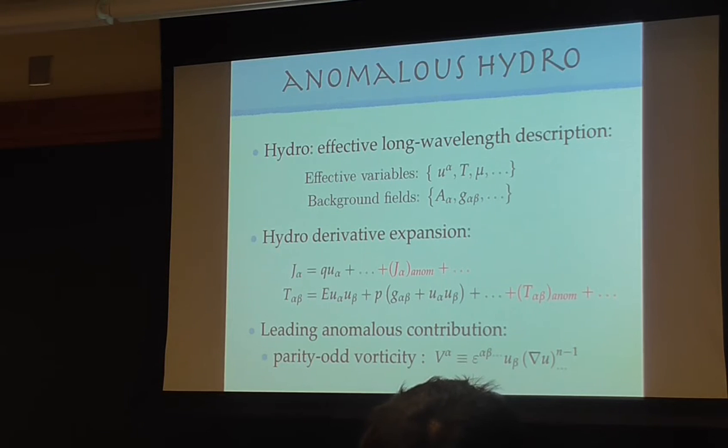Yes. You're worried about this thing. I think maybe with vorticity, there's another word called vorticity that is used slightly differently, which is not this parity odd term. When you say anomaly, I think quantum, and this is a one-point function of J and T in a QFT. Oh, could it be that it's not divergence free, by the way?